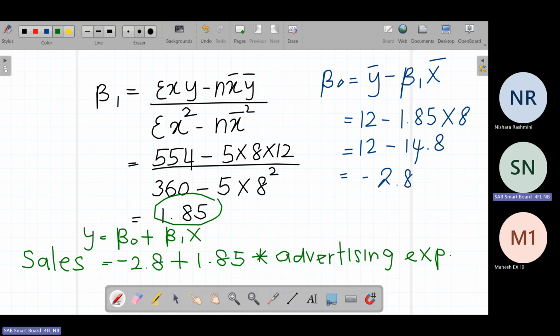In the exam also you need to interpret the results, okay? Interpretation is the important thing in the statistics paper, more than the calculation.